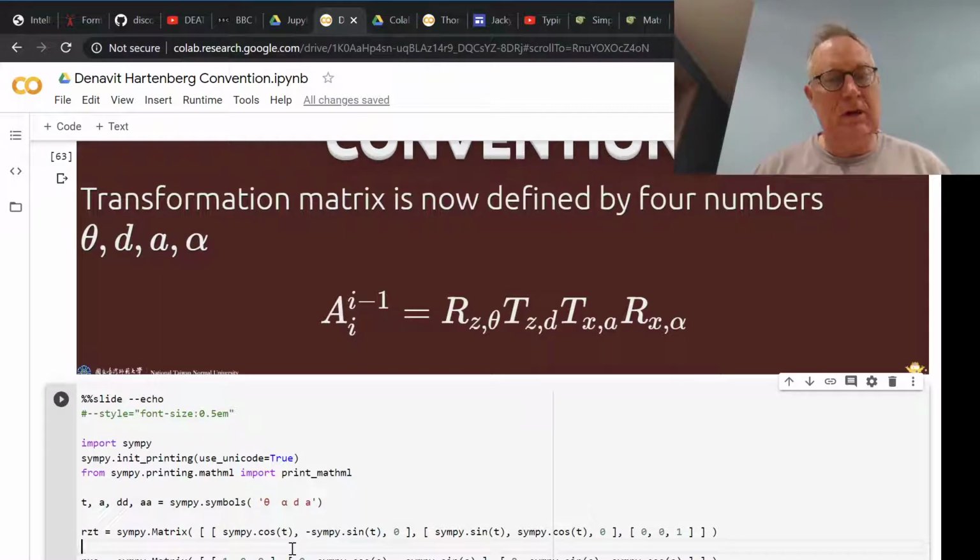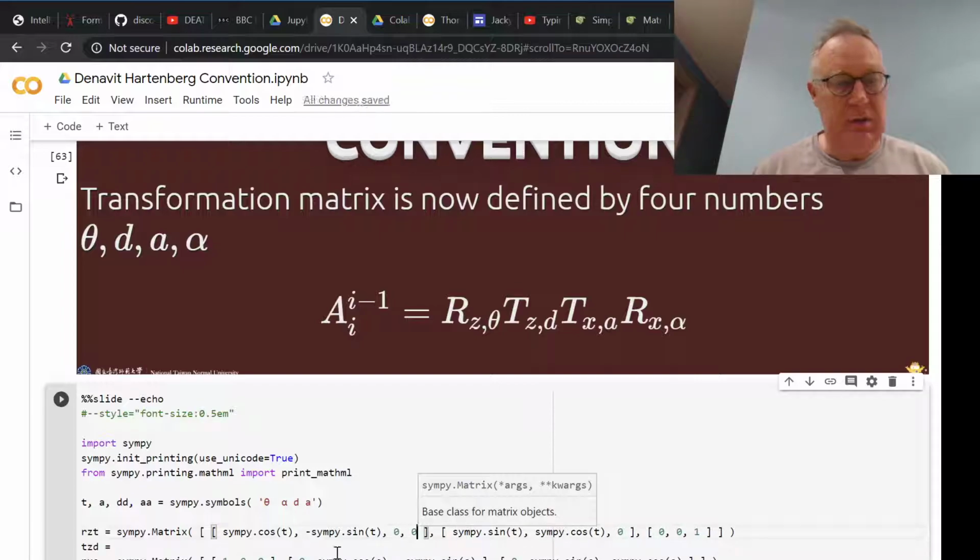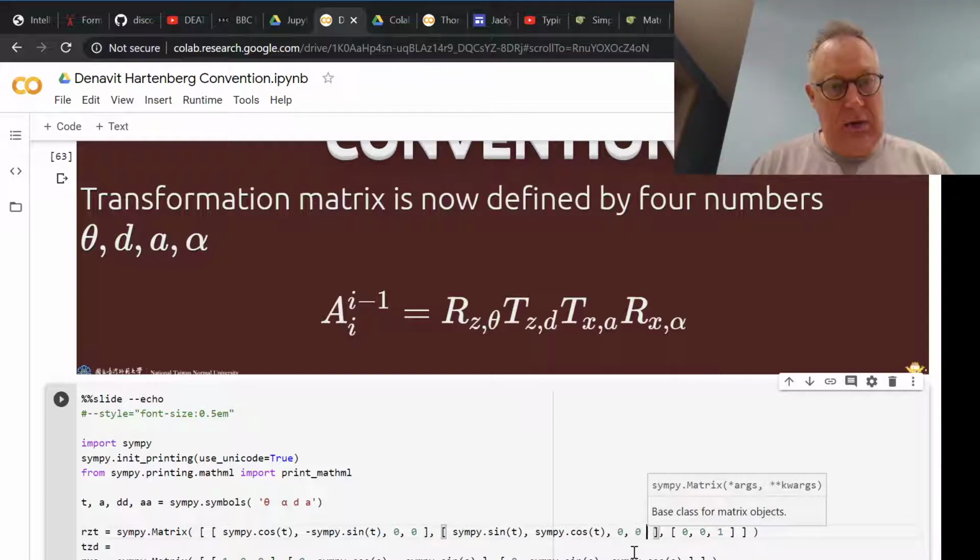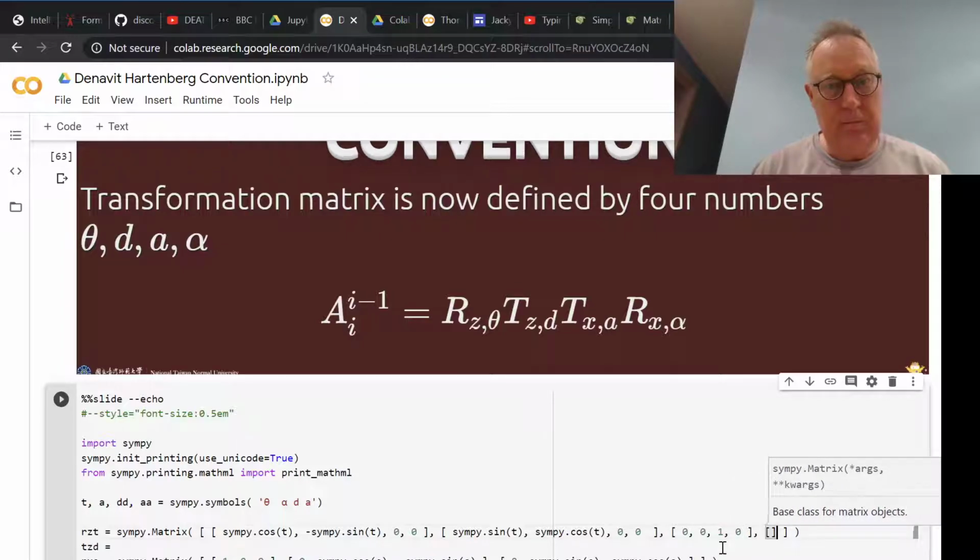So now I need to define the translation along z by distance d. And I need to have these matrices as 4x4 matrices in homogeneous coordinates. So I need to add a row of zeros and the last row 0, 0, 0, 1.